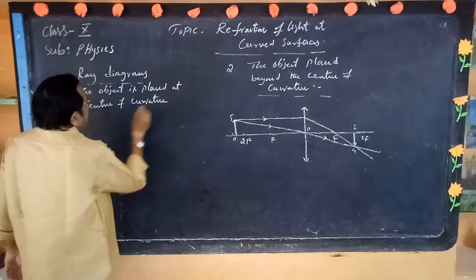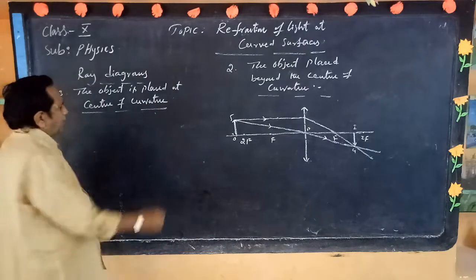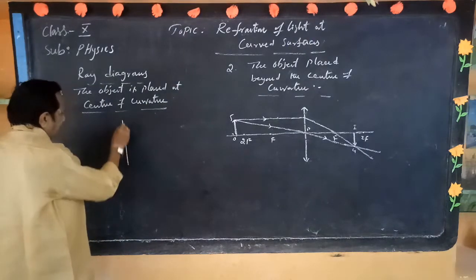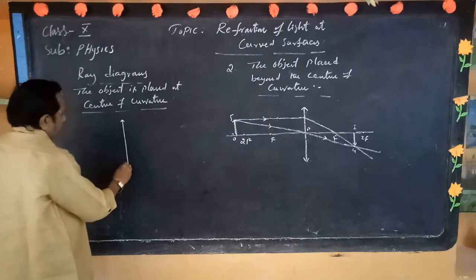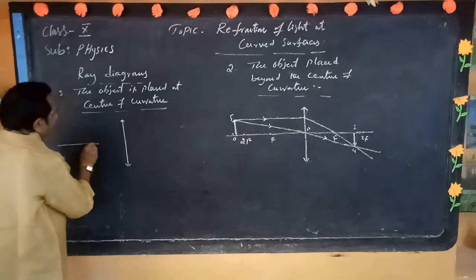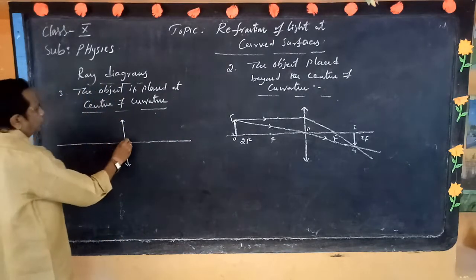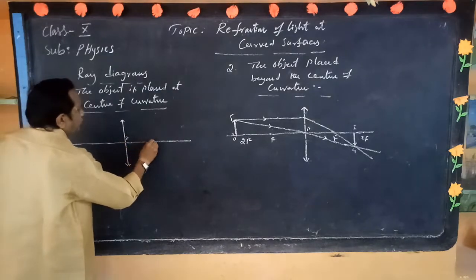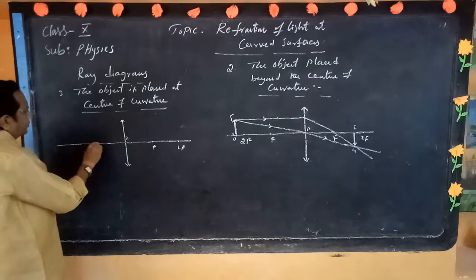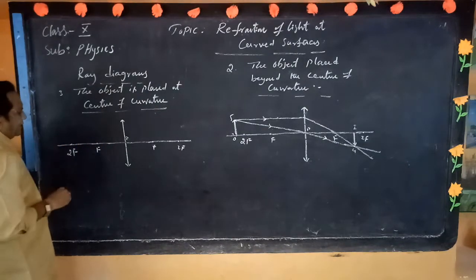Where will the image be formed? For this also consider the convex lens, the principal axis, the optic center, focus and center of curvature.